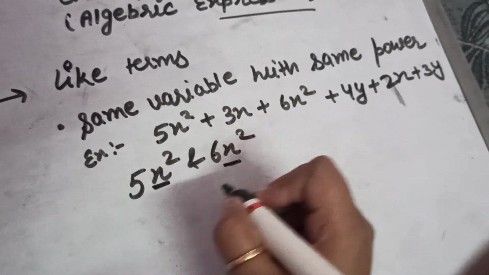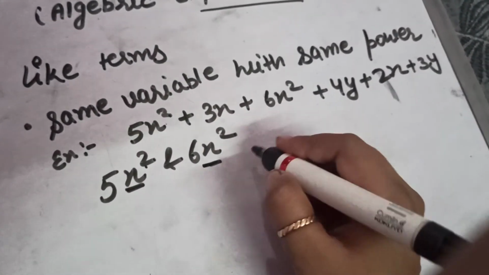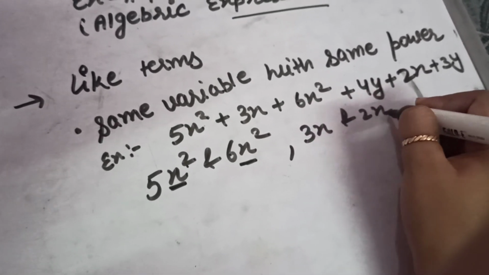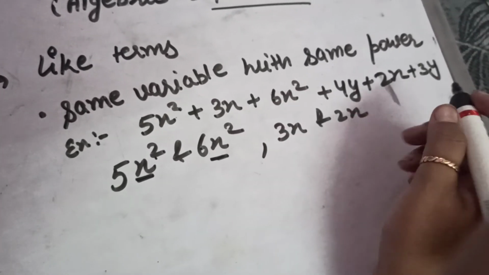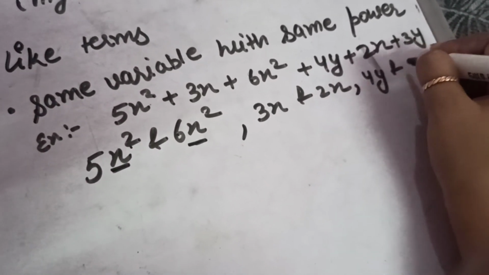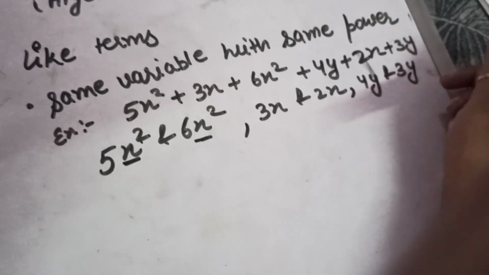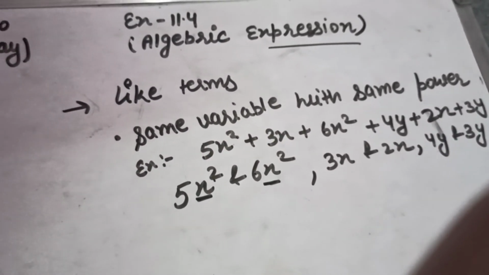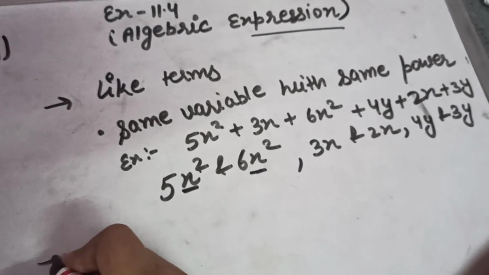Variables are x and x, powers are square. Then 3x and 2x: variable x same, power same. And last, 4y and 3y. Clear? So like terms are the same variable with the same power.